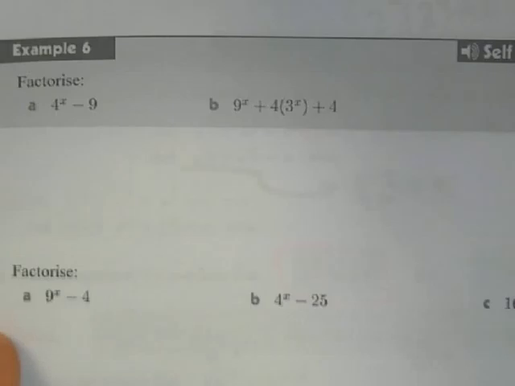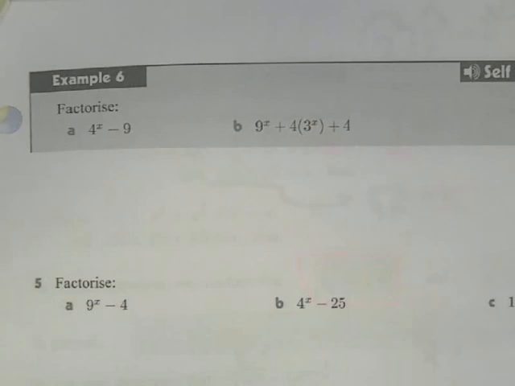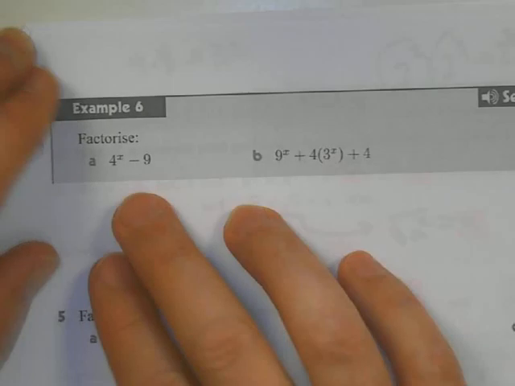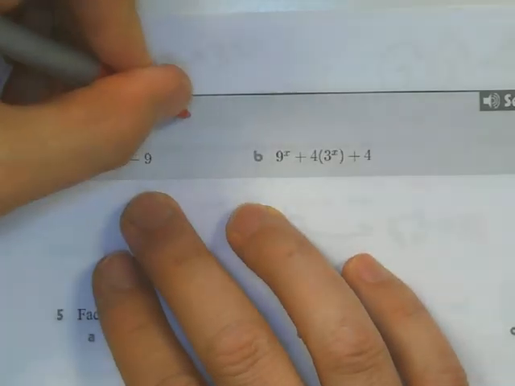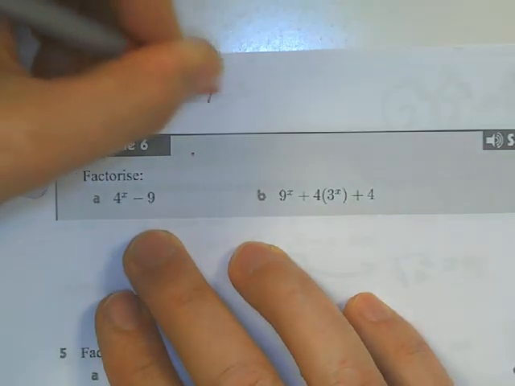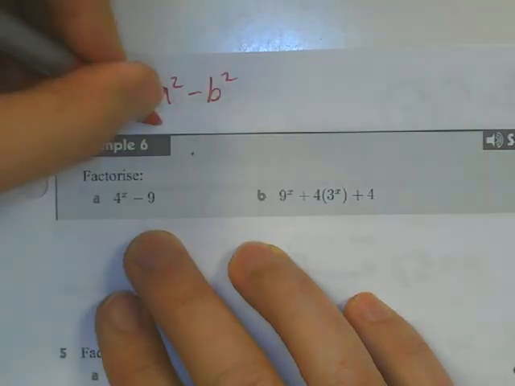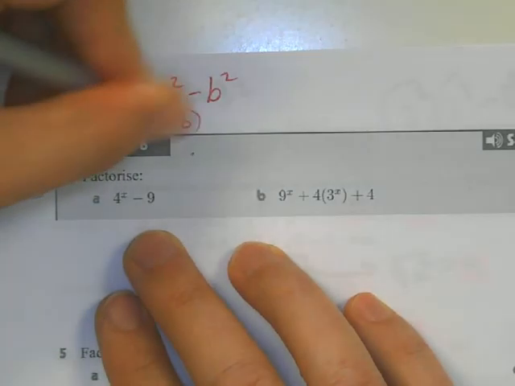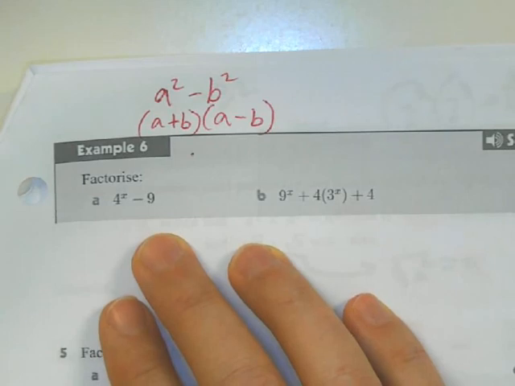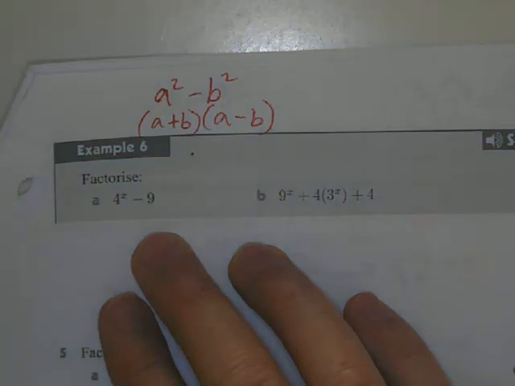Okay, let's do example 6, factorized. So what you're supposed to recognize is that this is difference of squares, right? So if I've got a squared minus b squared, this gives me a plus b times a minus b. We have difference of squares. But instead of a, we've got 4 to the x.